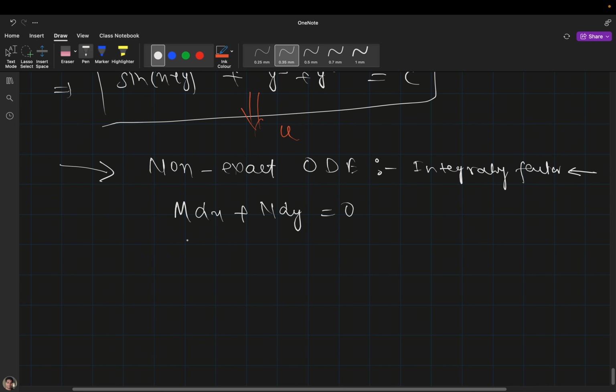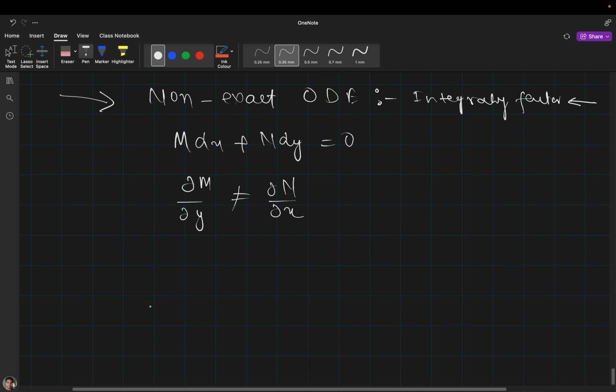Okay, so this is the differential equation, but this time ∂M/∂y is not equal to ∂N/∂x. Then what will you do? I will multiply this differential equation by an integrating factor.